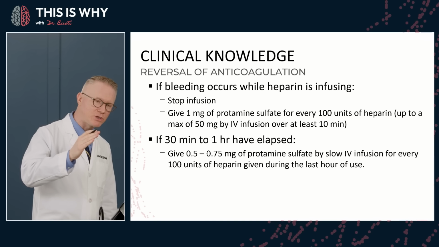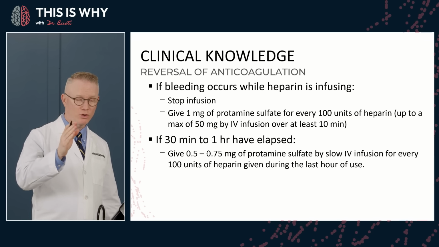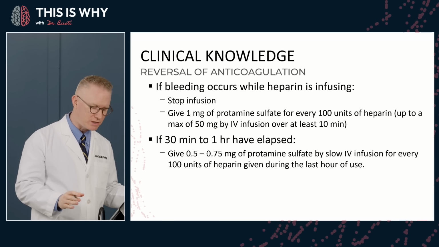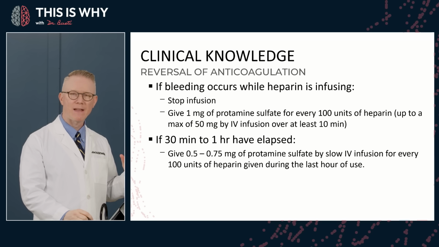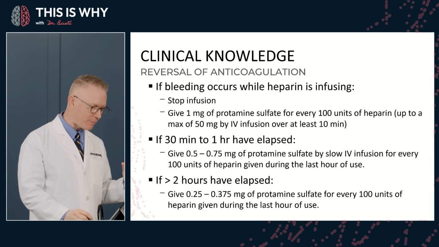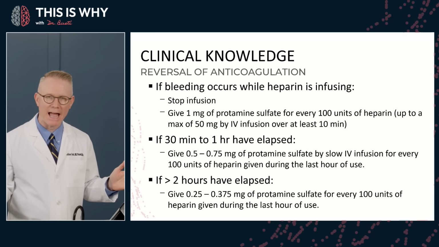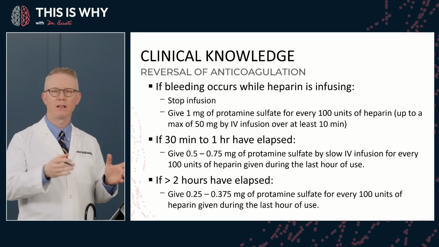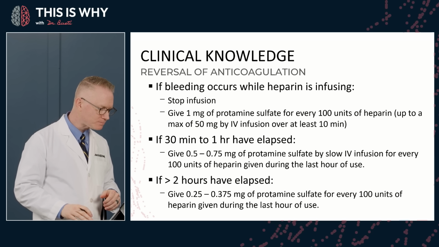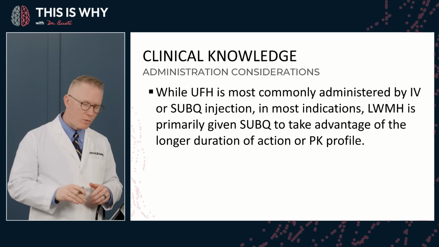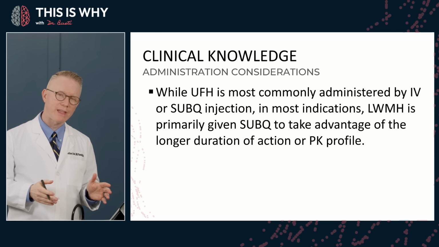Now, if you've administered, you can do adjusted doses based on how fast you've been giving the infusion of heparin and how much time has elapsed from when you identified the actual bleeding that was occurring, okay? Now, going back to the sub-Q, what do you do in that situation?